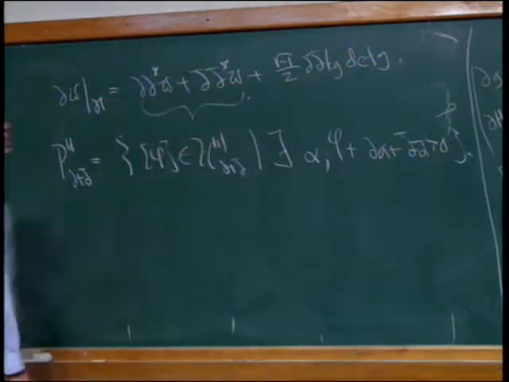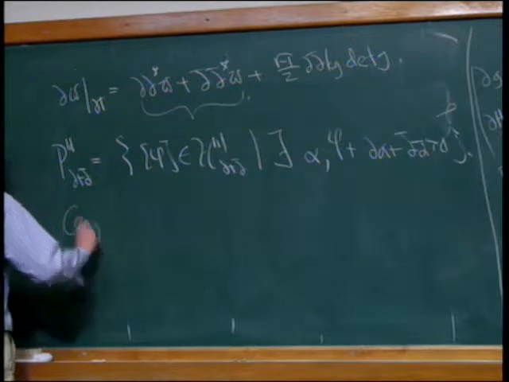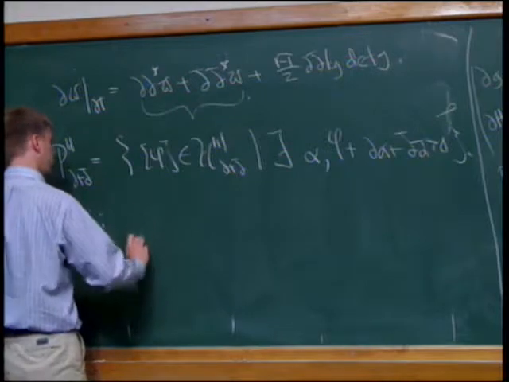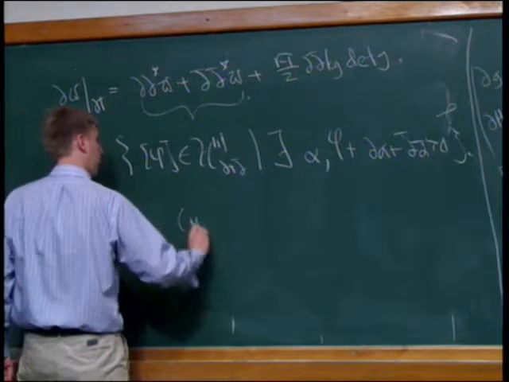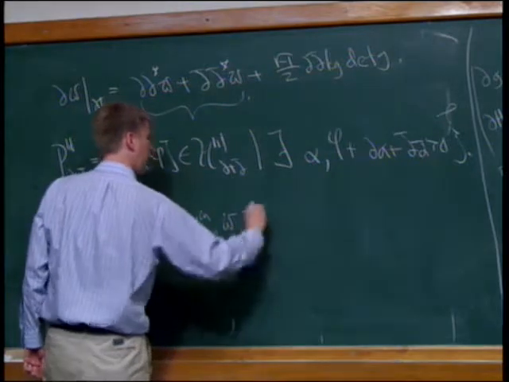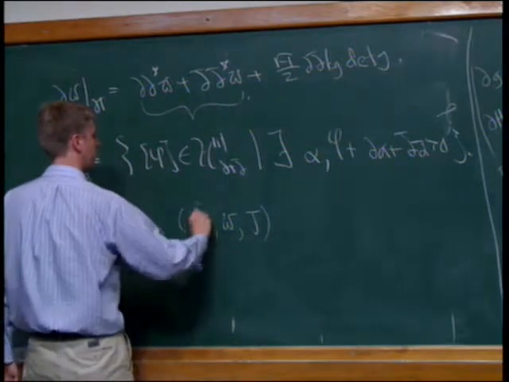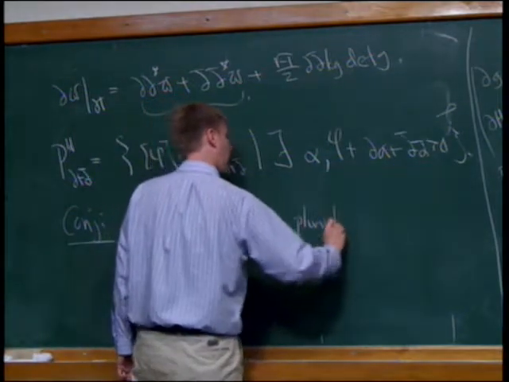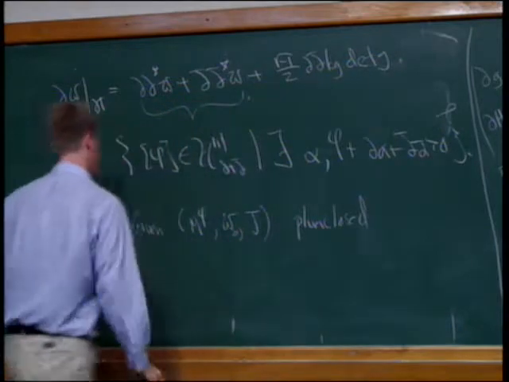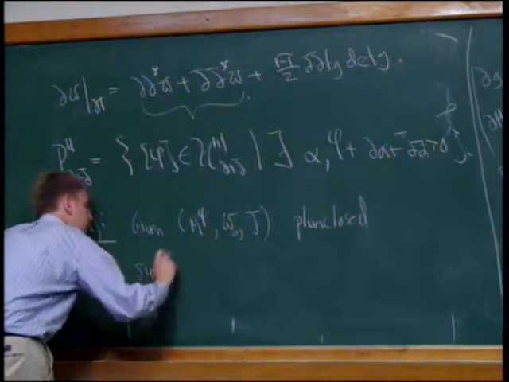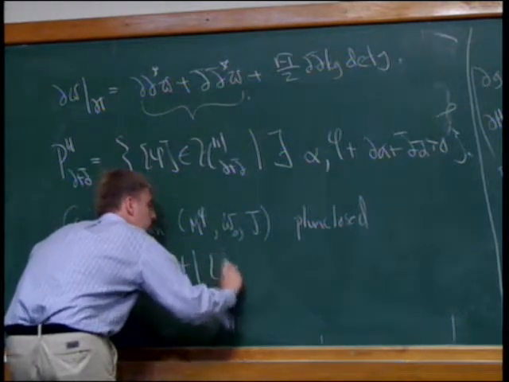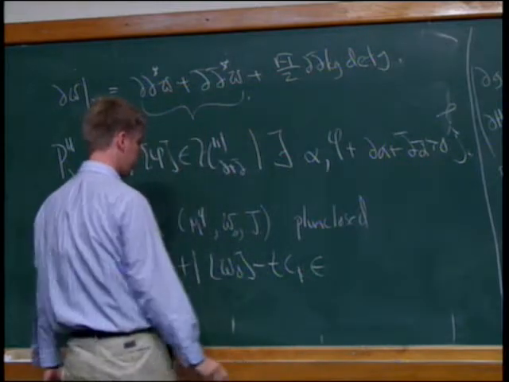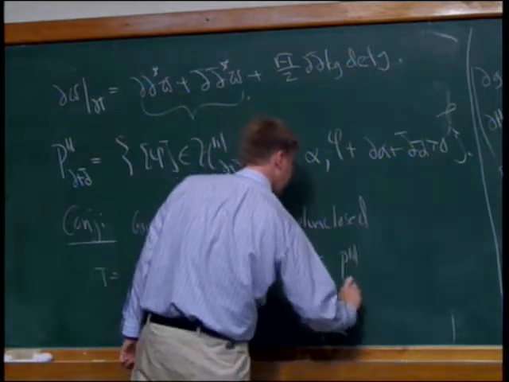I'm just looking at positive classes which admit metrics. And then the conjecture that we make is, given (M^4, omega, J) pluriclosed with initial metric omega naught, we let T be the supremum of times such that the class at time t remains in the positive cone.